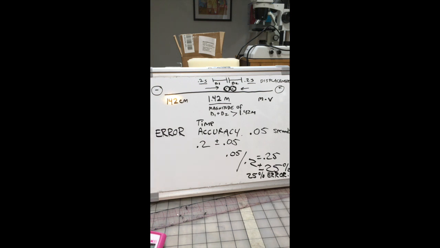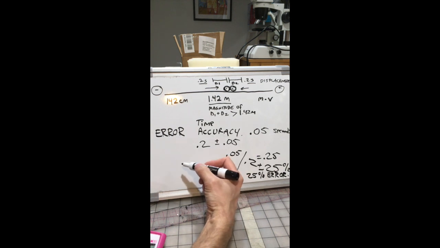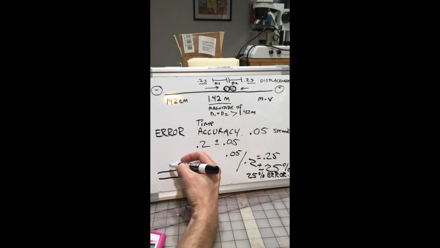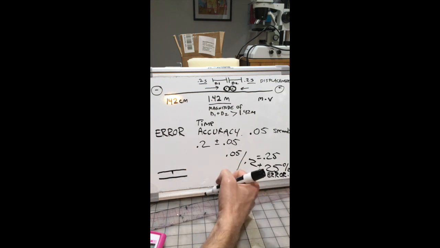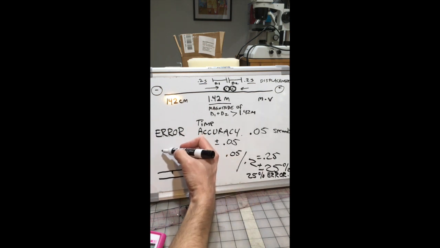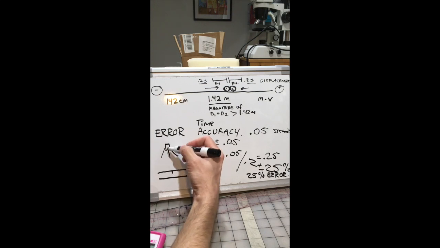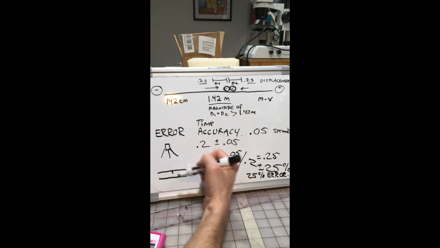All right, so what are some other places error comes into play? Well, when you're looking at a tape measure, if you line up your head so that the number you're looking at is between both of your eyes, you can use it accurately. However, I want to remind you that the tripod with the camera is set up over here, and it is looking at the tape measure at an angle.